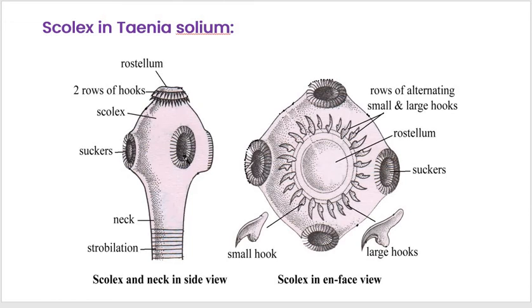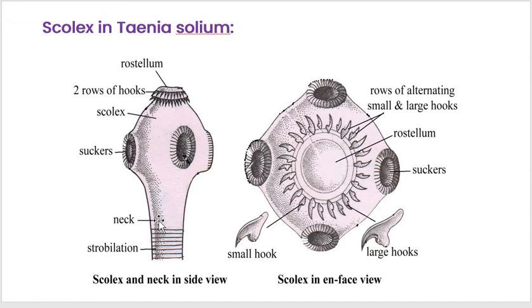Now the scolex is the organ of attachment, and it is a quadrangular knob-like structure measuring about 0.6 to 1 mm wide. Here you can see this is the scolex or head of the tapeworm Taenia solium.